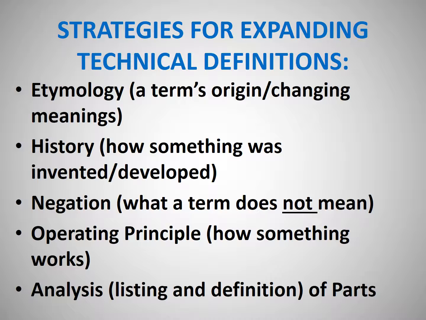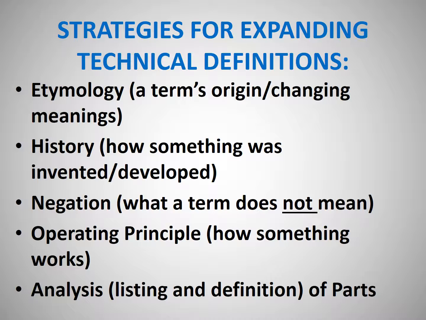All right? Back to terms. One way of defining a term is by telling us not what it means, but what it does not mean. And that can be a very powerful way to define a term. Let's start by saying what this is not. And then you define what it is not. Sometimes the most powerful use of this strategy is when there is controversy about whatever it is you're defining, I think.